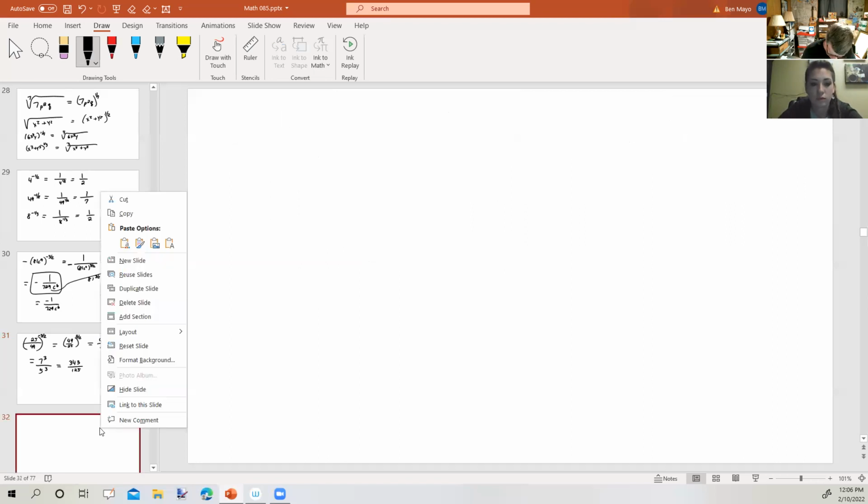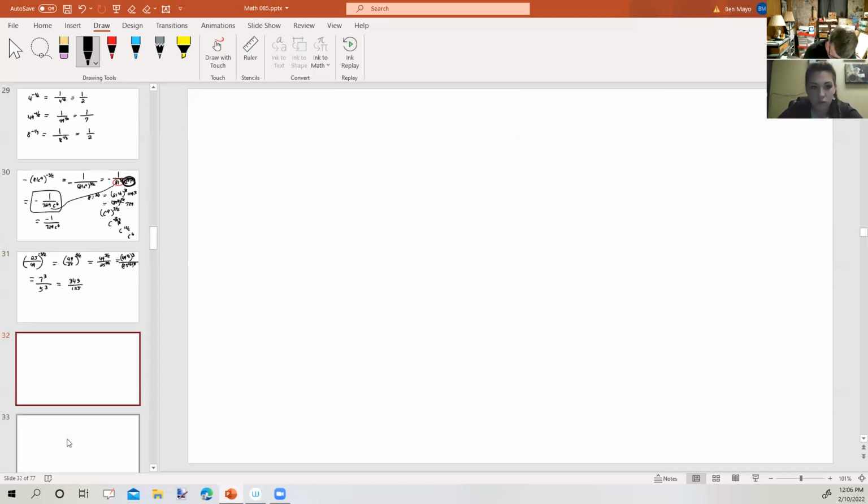Now, let's take a look at this situation. 9 to the 3/7 power times 9 to the 2/7 power. We're multiplying two powers with the same base, so we add the exponents.